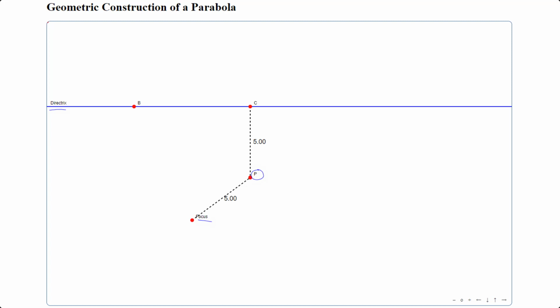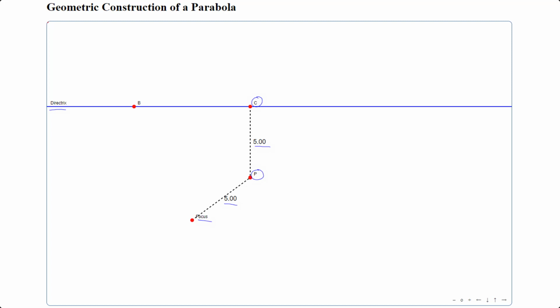If you'll notice, I have point C right here, and that's basically the minimum distance between P and the directrix. The line that is at a right angle to the directrix is going to be the one that's the shortest distance. So the distance from P to the line is 5 units, and the distance from P to the focus is 5 units. Now that distance isn't going to be constant.